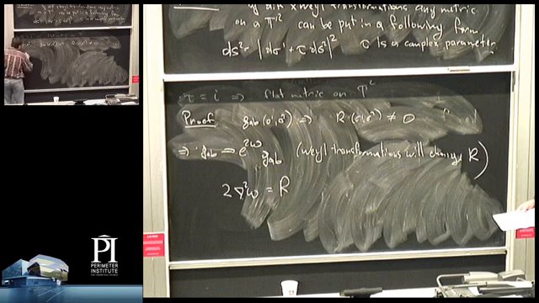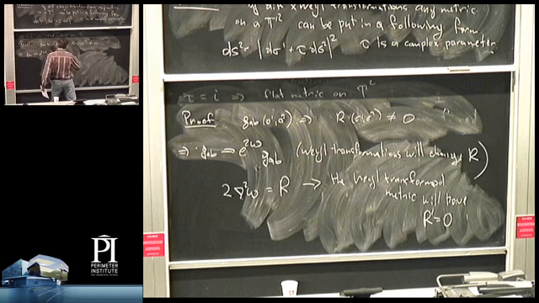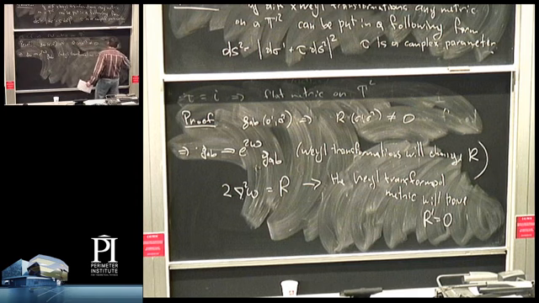So the first thing we're going to do is make the Weyl transformation: g_ab goes to e^(2ω) g_ab. We know that once we do Weyl transformations, this will change the Ricci scalar, something we discussed some time ago.